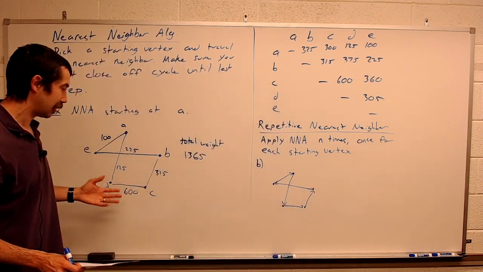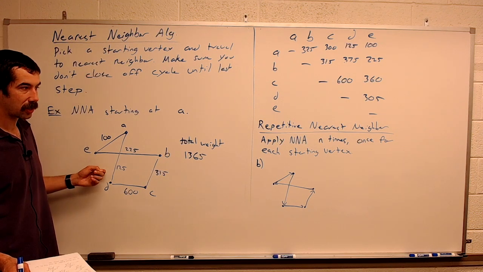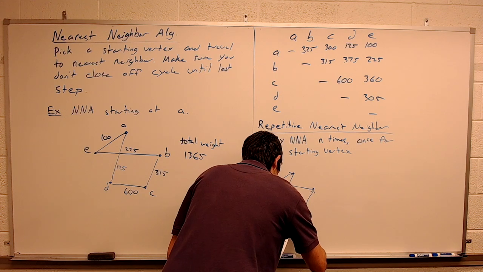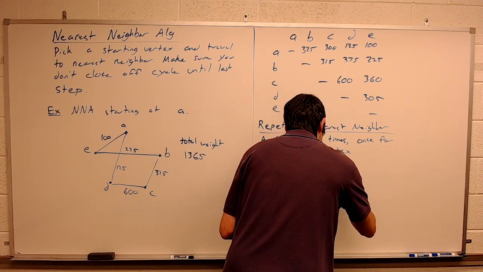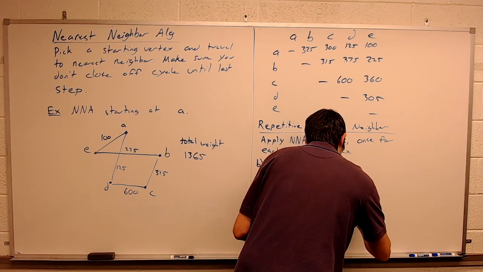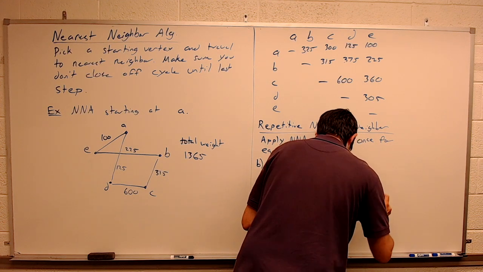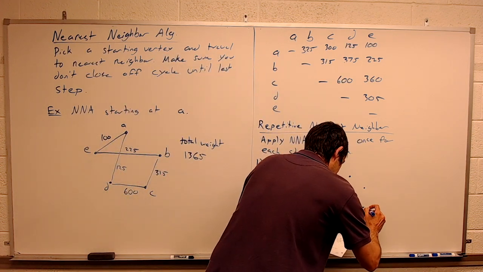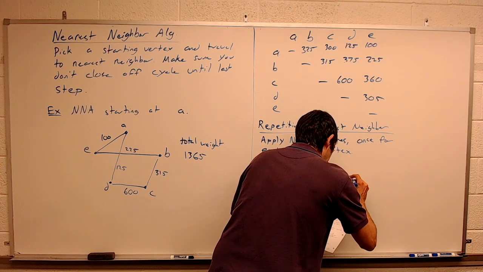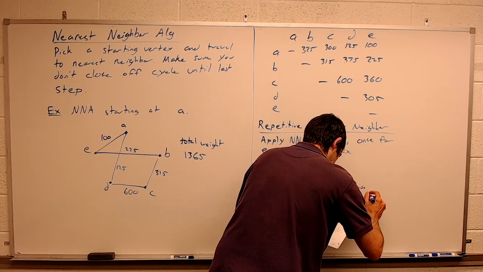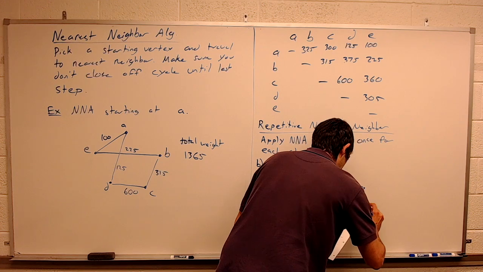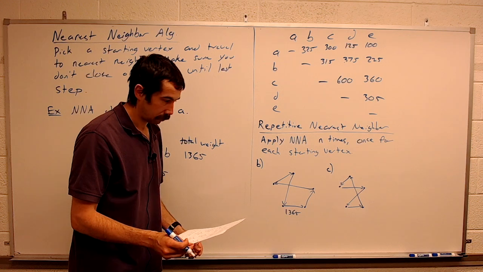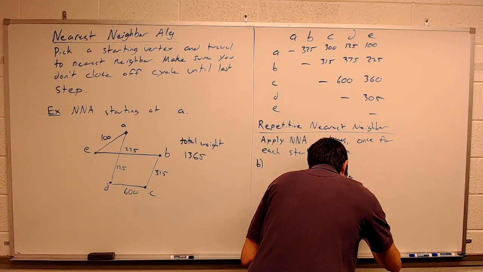So you can see it's actually the same cycle as when we did A. So that has the same 1365 weight. If we did C, it would be slightly different. You'd get this cycle, which has a weight of 1600.